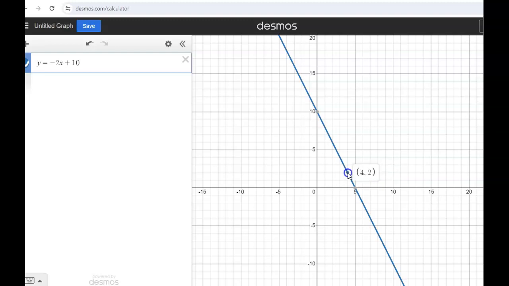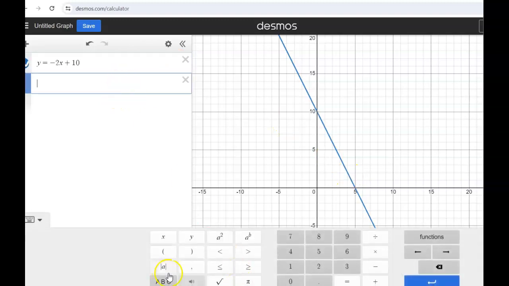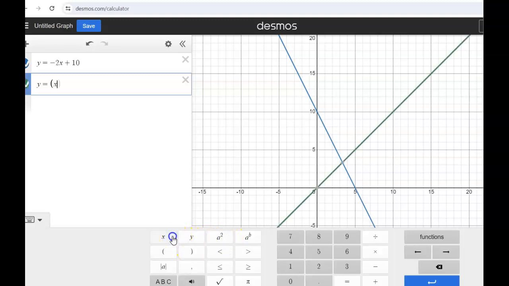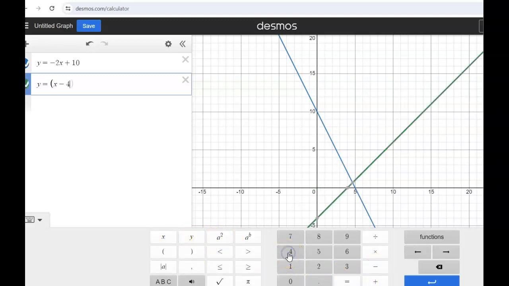So I'm going to graph a quadratic function or quadratic equation that passes through the point 4, 2. So I'm going to click on number 2, and then I'm going to type in that particular equation. I'll say y equals (x minus 4), and I'll close the parentheses.